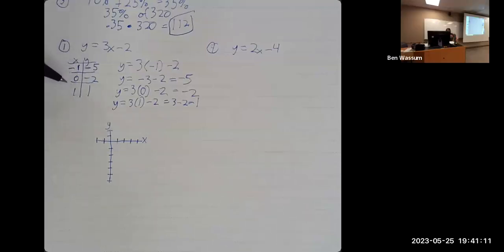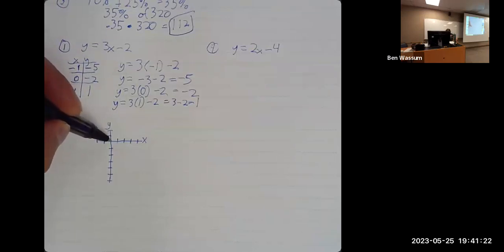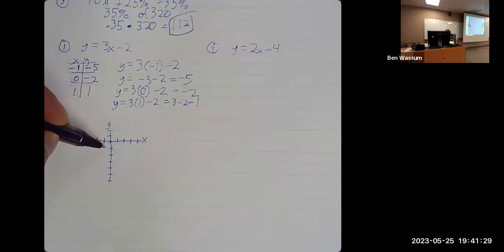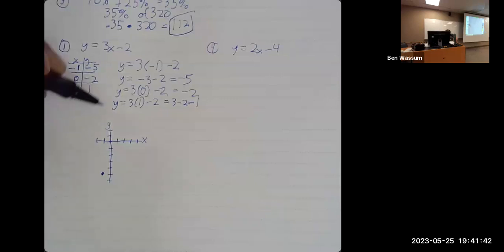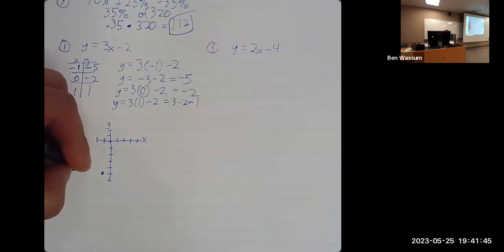So we've got to graph these points. Our first point has the x value -1 and the y value -5. So we're going to start at our origin, and we're going to go -1 on the x and -5 on the y. 1, 2, 3, 4, 5. Right there. And I'm going to go ahead and label that -1, -5.